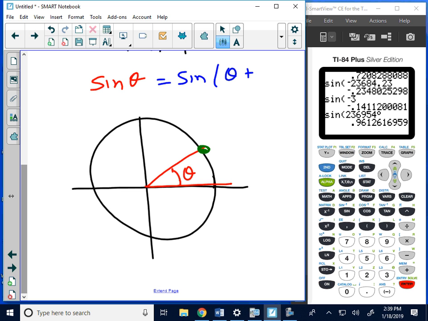So here's one more rotation. But it doesn't have to be one rotation. It could be any number of rotations, and that's why it says 2 pi times k. K could be 0, k could be 1, k could be 2.